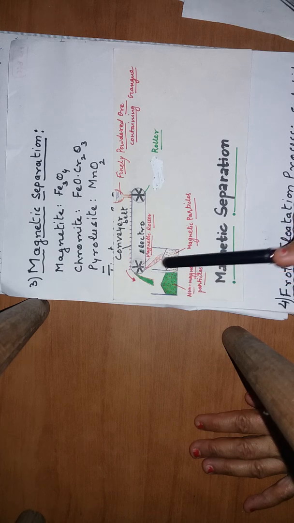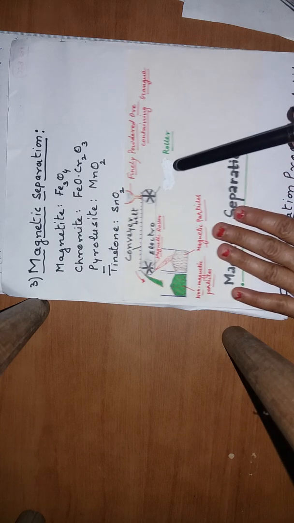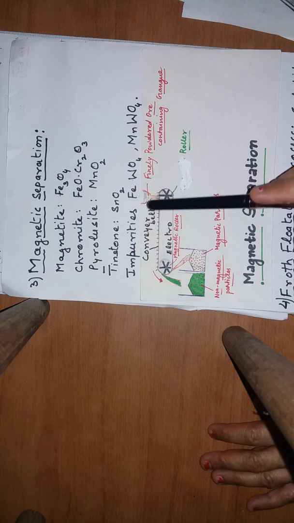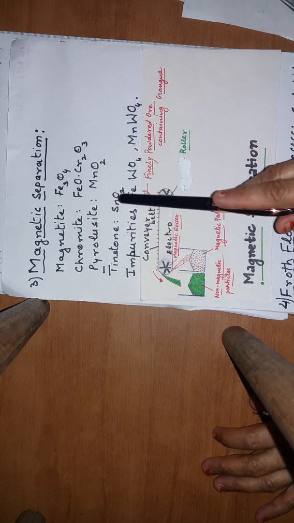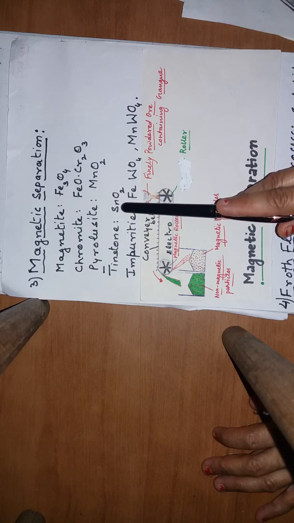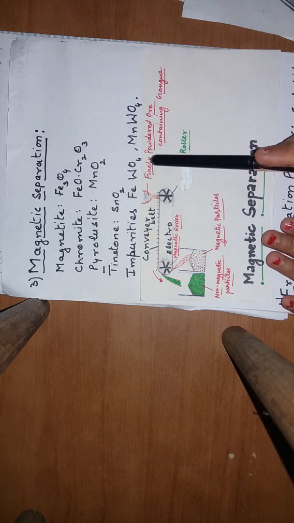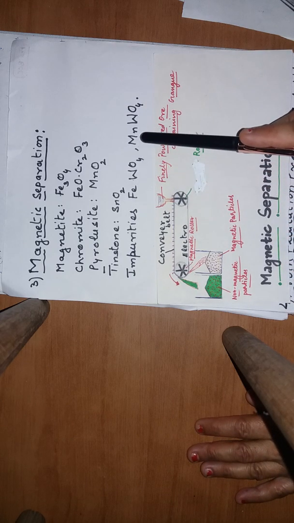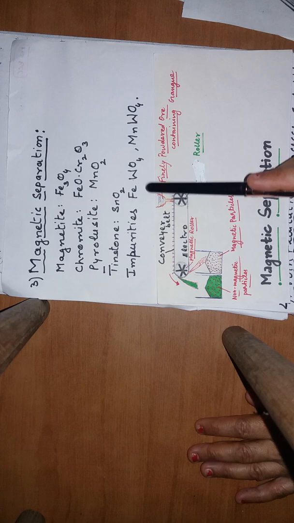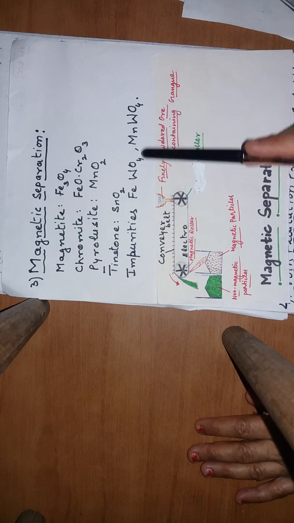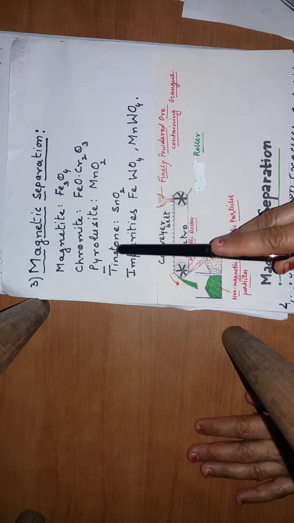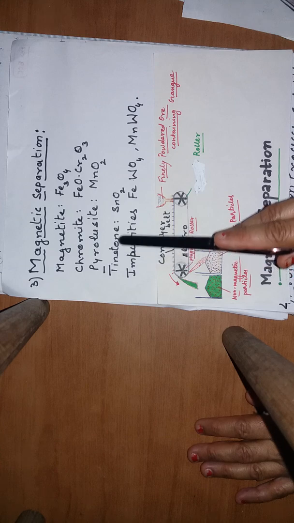Now, sometimes in the case of tin oxide, that is tin stone, the impurities are magnetic and tin stone itself is non-magnetic. Here the impurities are tungstate of iron and tungstate of manganese, and both the impurities are magnetic, and the main ore, that is tin stone, is non-magnetic.